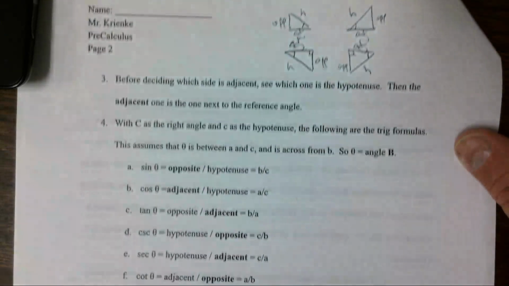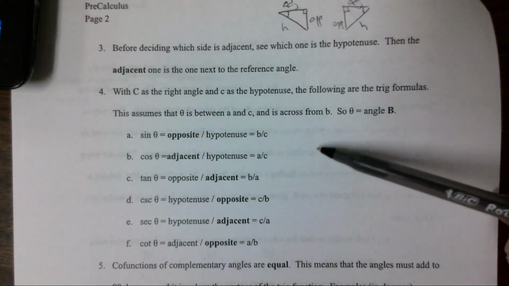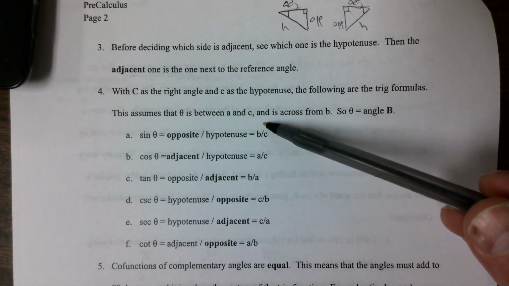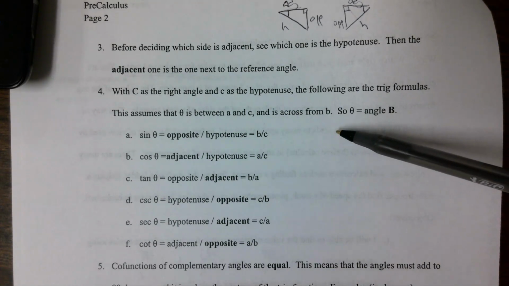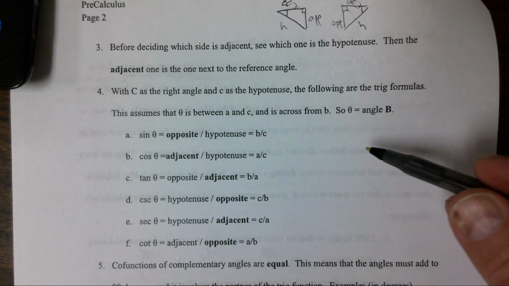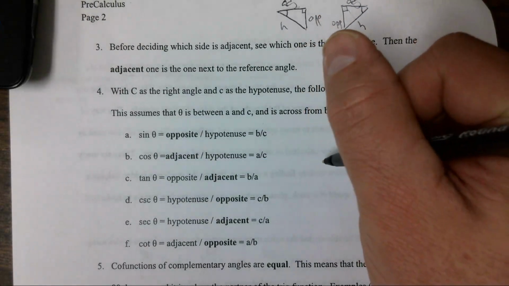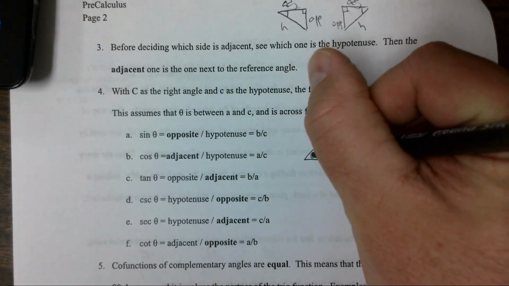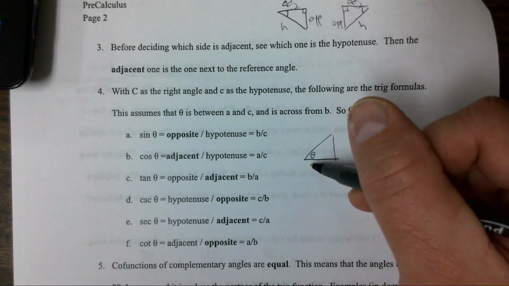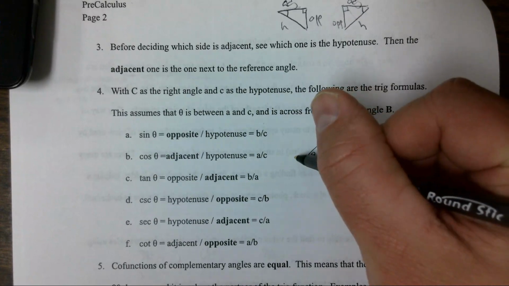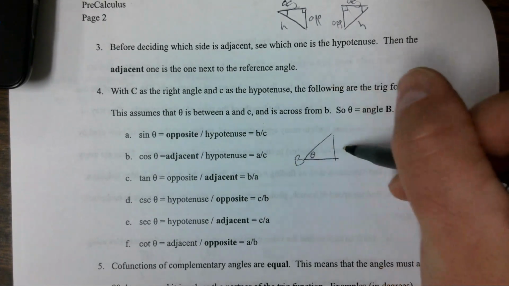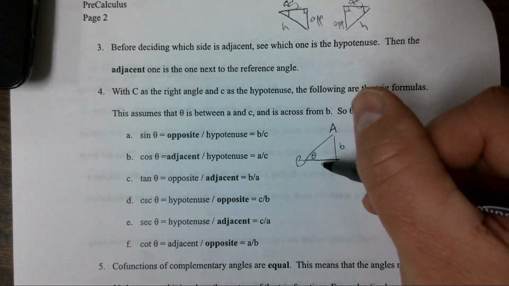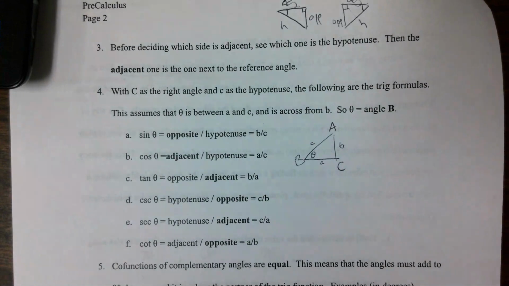Okay, so if we're saying C is the right angle, then what they're saying is that theta is angle B. So here's theta, they have it like that, which means little a here, little c there.